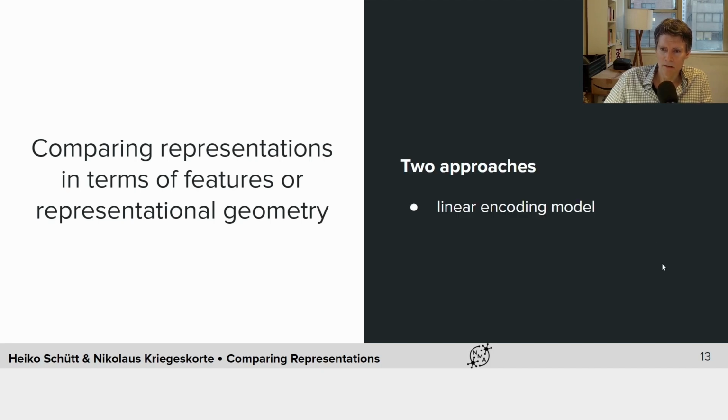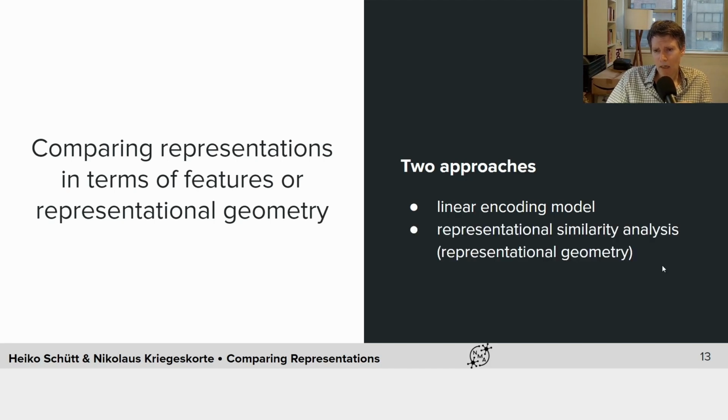The first one is linear encoding models, where we fit linear mappings between our model, like a neural network model, and the recorded responses of neurons. And the second one is representational similarity analysis, where we first compute representational distance matrices for both the model and a brain representation, and then compare these representational distance matrices.